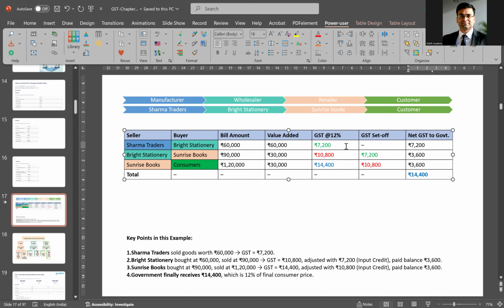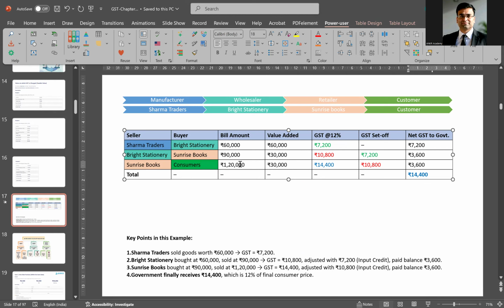For example, Sharma Traders is paying the full 7,200 because there was no GST set off available. Bright Stationery, though the GST it is charging Sunrise Books is 10,800, has in its books 7,200 in the form of ITC credit. So net he will pay 3,600.